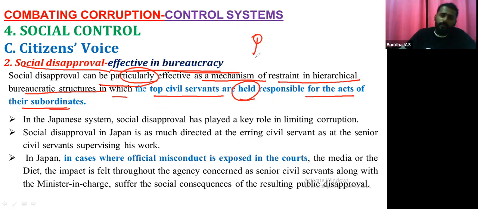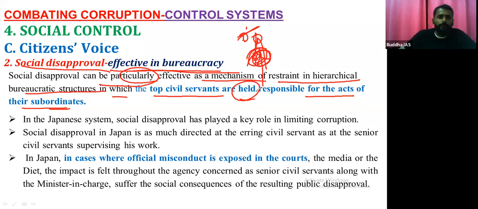Say, for example, if someone, a sub-inspector, is caught involving in corruption, then the person who is above in the hierarchy, maybe your DYSP or SP, should take the responsibility. The top civil servants are held responsible. If they are held responsible, then to a greater extent you can curb corruption. But it is not happening because these people are sharing the benefits of the corruption. There is a collusion here.